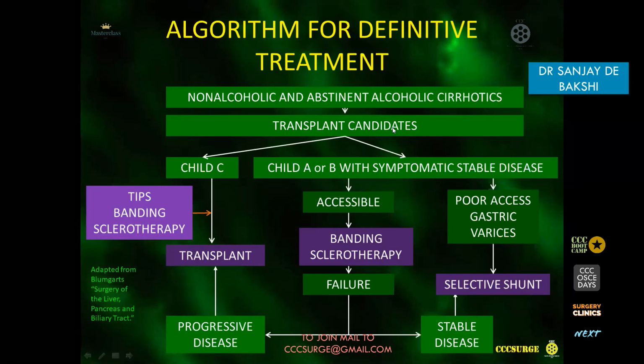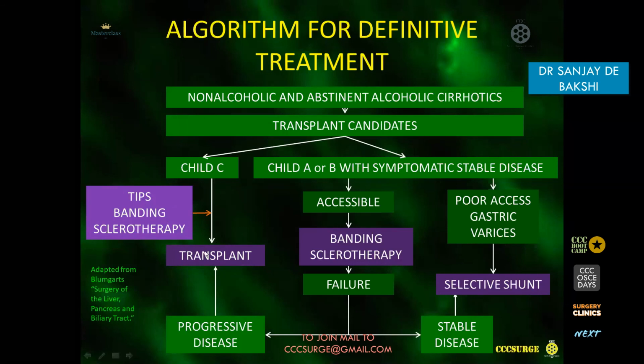Somebody in that situation is a potential transplant candidate. If you have a Child C, you go in for a bridge procedure with either TIPS or banding, and if necessary, sclerotherapy. That is the reason sclerotherapy is going out of fashion. It's a bridge to transplant.